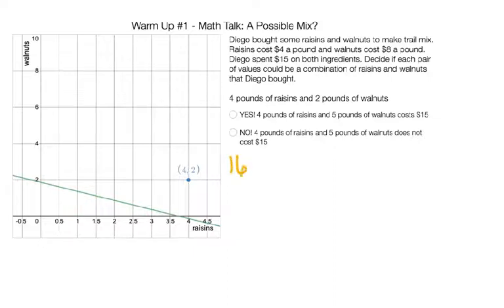And if he bought 2 pounds of walnuts, and each pound is $8, well, 2 times 8 is 16. Together this costs $32, but he only spent $15. So no, this doesn't work. I could do it that way.